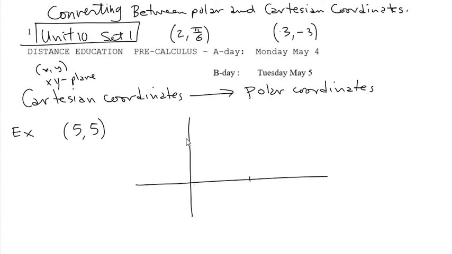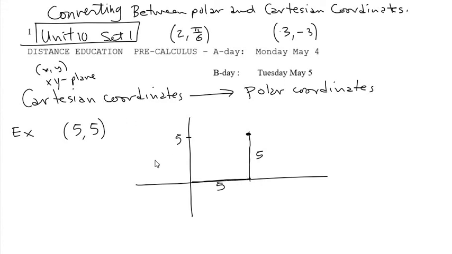Let's see. This point is 5 units to the right and 5 units up. So it's about right there. So this distance is 5, and this vertical distance is also 5, right? So those are the Cartesian coordinates. You always have an x that tells you how far to go left or right, and a y that tells you how far to go up or down.